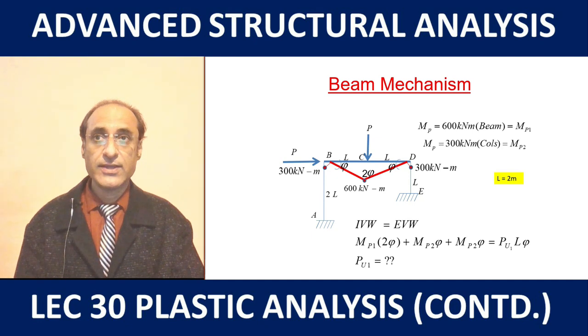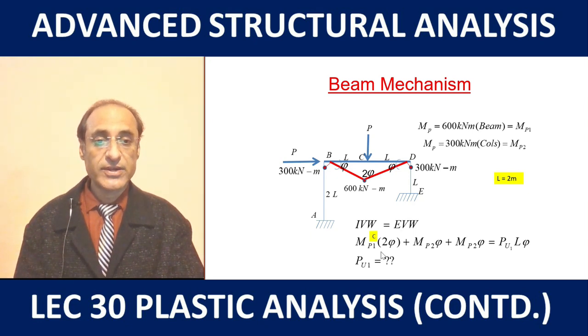So when we write the equation of equality between the internal and the external virtual works, what we find is that the two plastic moments we have to take accordingly where the plastic hinge formation takes place.